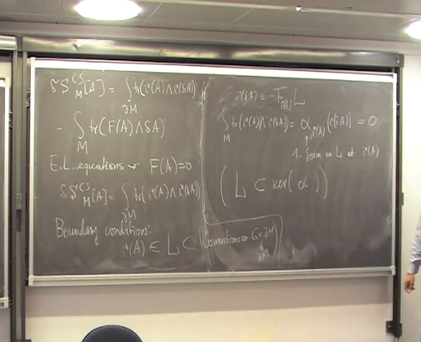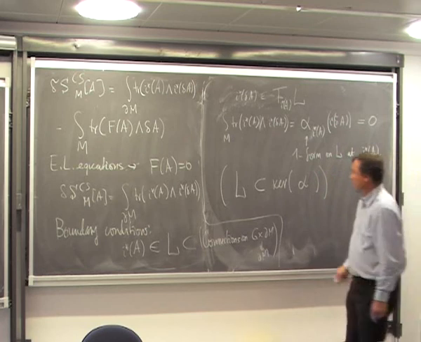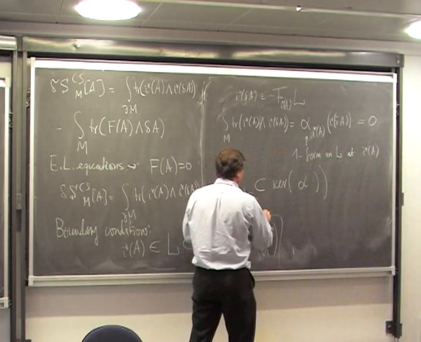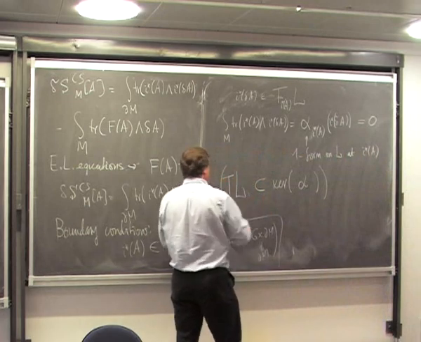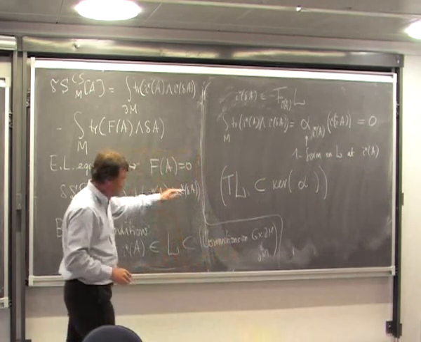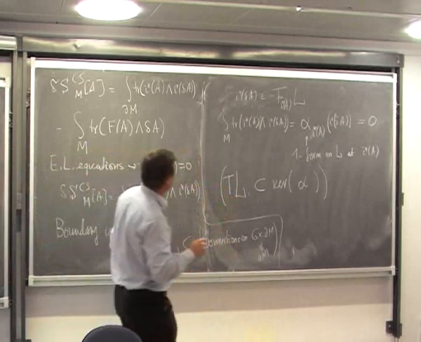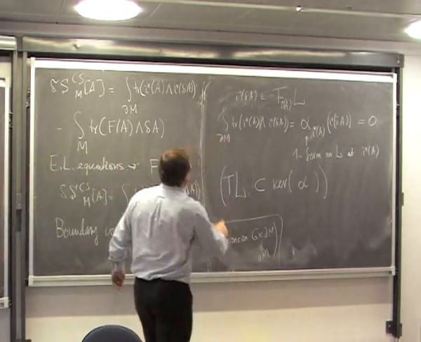L should be an integral submanifold of the distribution given by the kernel of alpha, right? So the tangent space to L should always be in the kernel of alpha. That's right, tangent space. Of course, yes. And then there's a boundary on M, the integration over M is over the boundary. Yes.